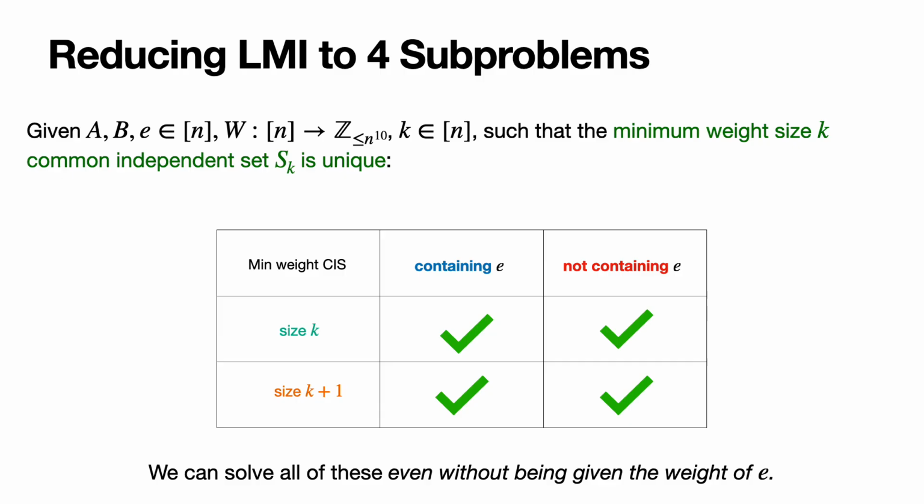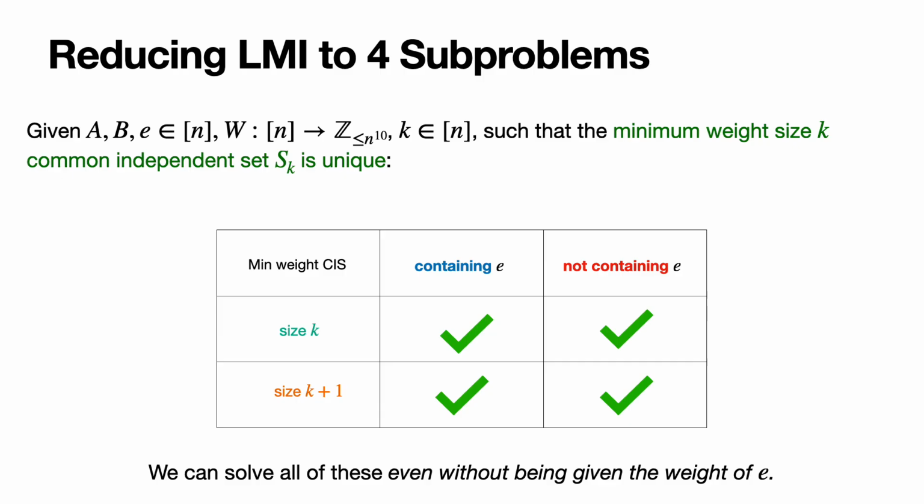And note that all of these cells in this table are still well defined, because if you have two sets which both contain E, then you can compare their weight even if you don't know the weight of E itself, right? And similarly, if you have two sets which don't contain E, then you can compare their weight even without knowing the weight of E itself, okay? So we can actually solve all four of these problems even without being given the weight of E, which is going to be important for us.